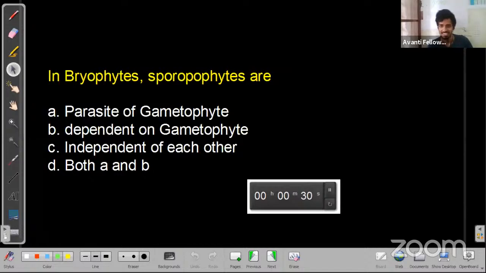Sporophyte spelling. Guys, just neglect this extra. Not sporophytes, it's sporophyte. Last 15 seconds. Some guys think, before you choose the answer, we told you, right?